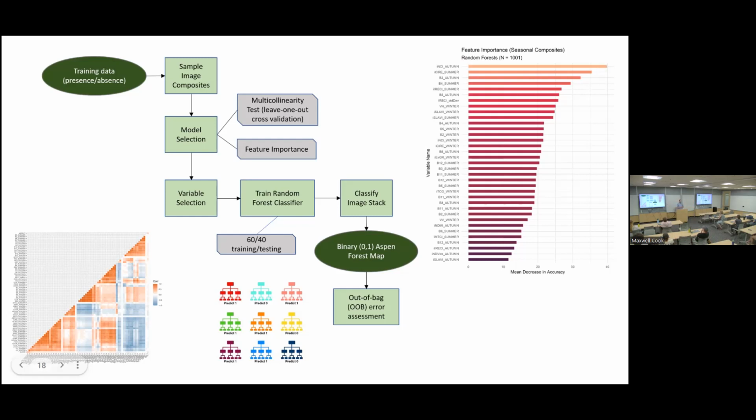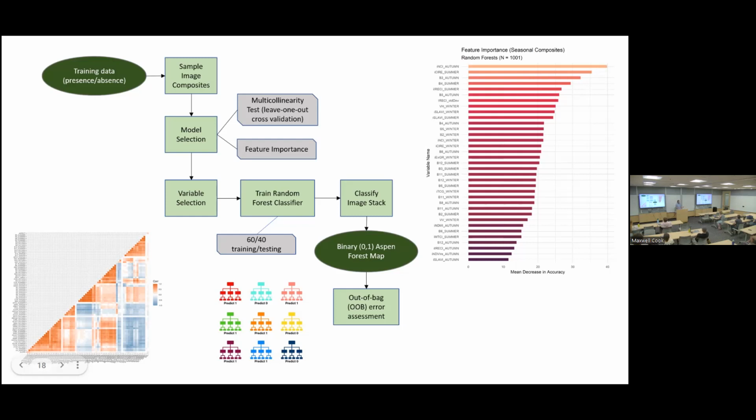So that's bands from our seasonal composites and our Sentinel-1 SAR. Through that variable selection, we were able to identify this list of bands on the right side. And again, you don't need to be able to read that. If you're interested in learning more about any of these bands individually, feel free to reach out to me.